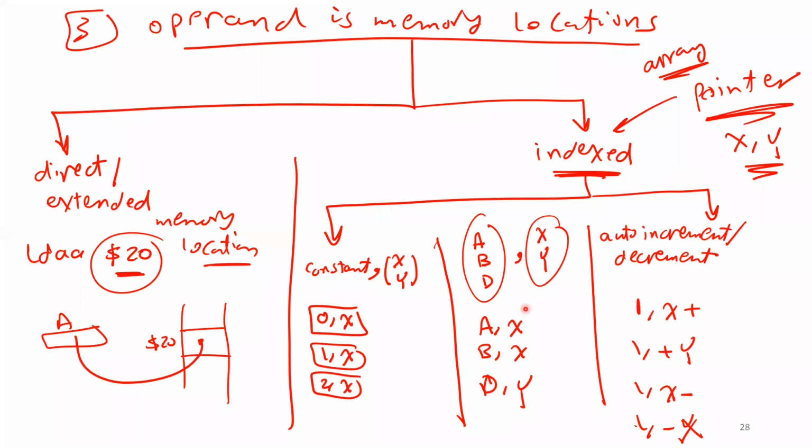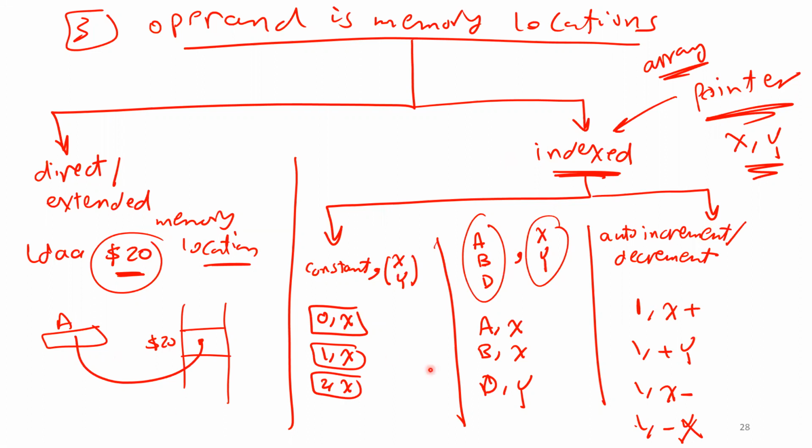For pointers, we have different cases, and I'm going to go through them. I think you know what a pointer means from the C language, but I'm going to make a very quick revision. A pointer means you are using one of the registers to store the address of the location you want to read or write in memory.